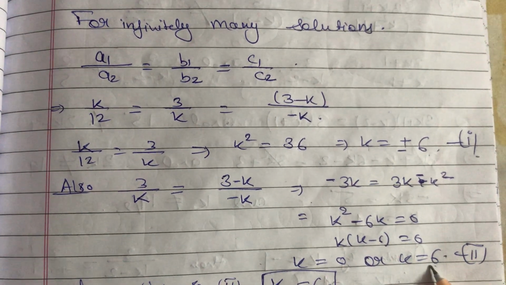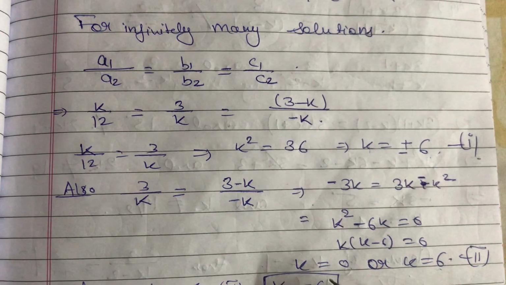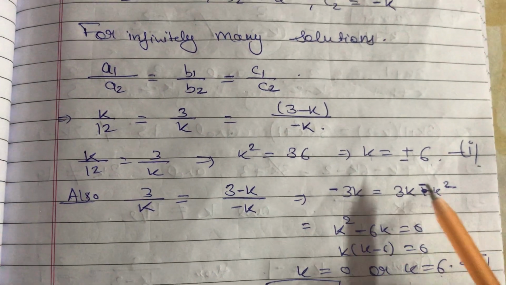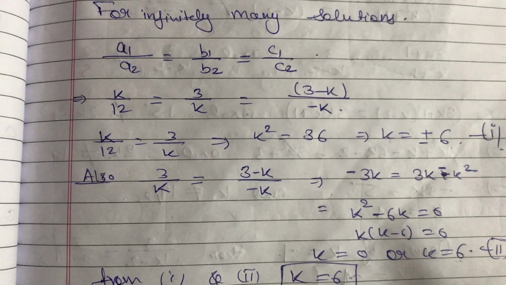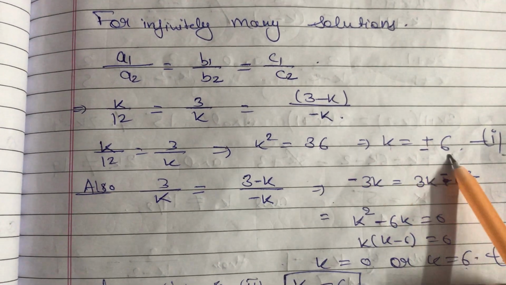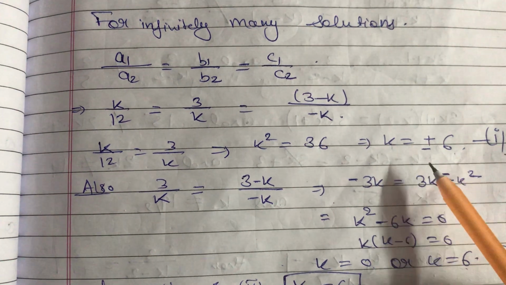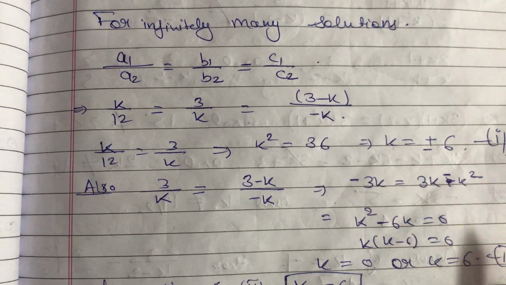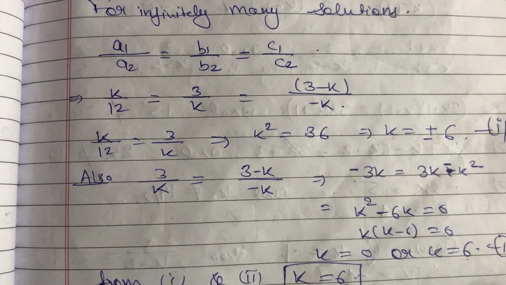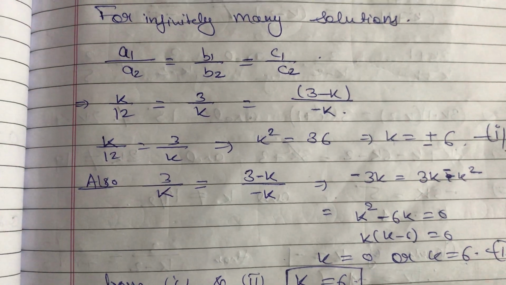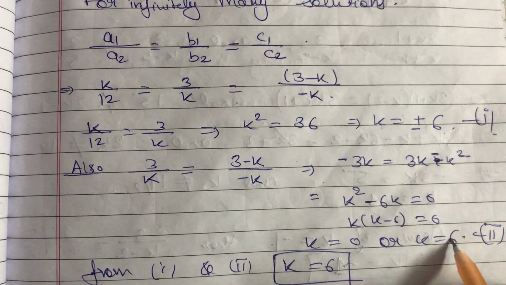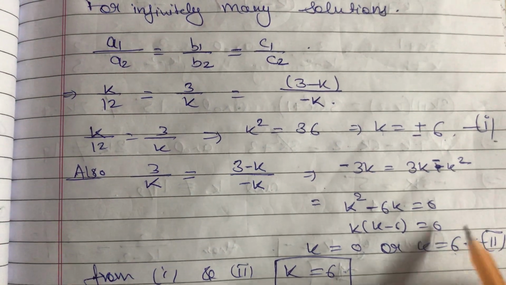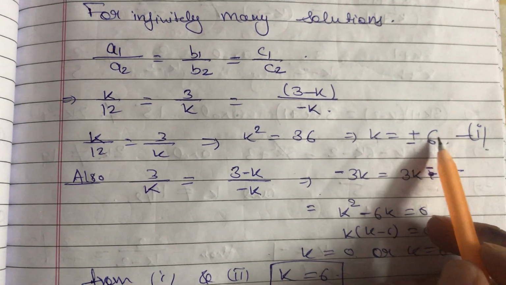Now which one should I take? Should I take k equals 0, plus 6, minus 6 or what? A very important point. Because still here you all can solve, but at last, in order to find the value of k, that is important. What is the particular value of k? So the value of k will be plus 6. Why? Because this plus 6 is present over here, and here also this plus 6 is present.